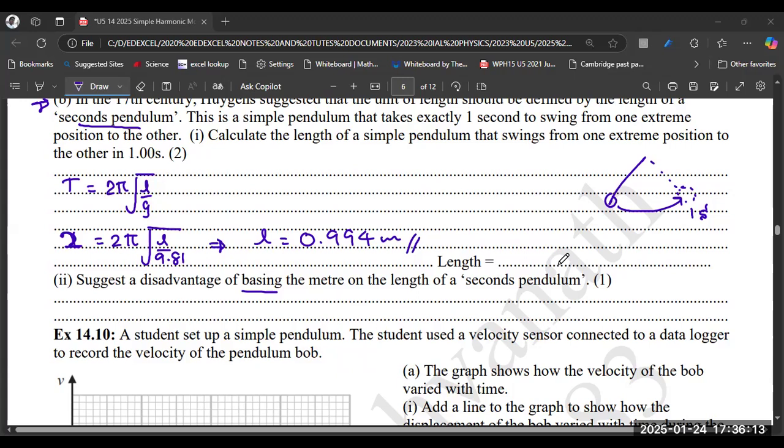Then what will happen if we do this experiment on top of a mountain? Would the gravitational field strength be 9.81? No, isn't it? So what would be the answer?